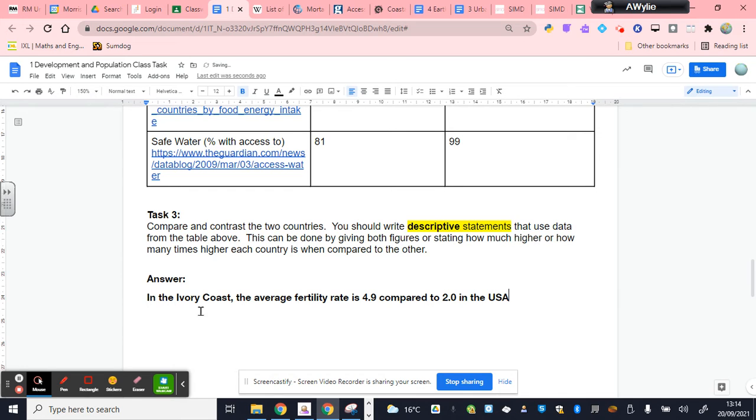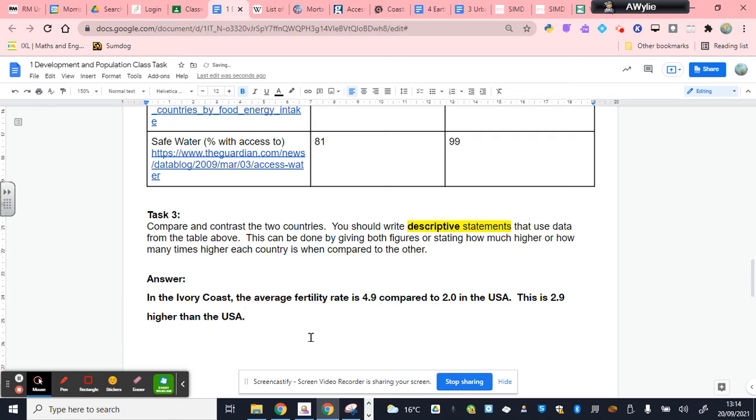So now we have compared. Let's contrast. This is 2.9 higher than the USA. So where did I get that 2.9 from? So 4.9 is 2.9 larger than 2. So on average, Ivory Coast woman is having 2.9 more children than an average American woman.